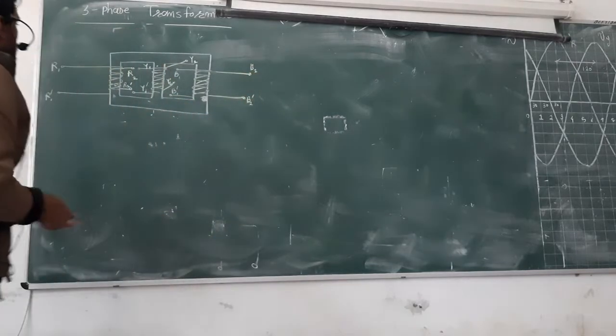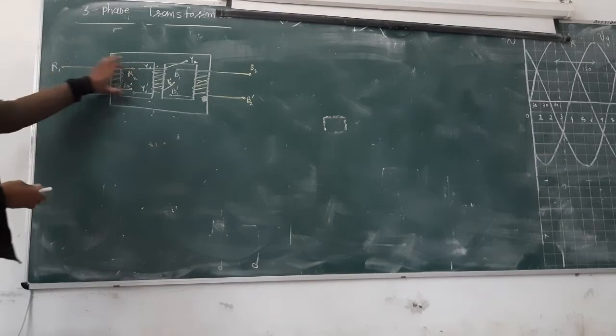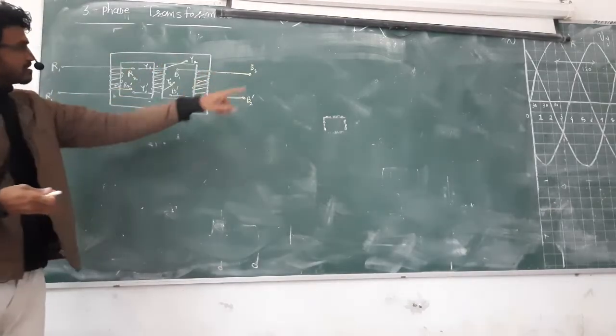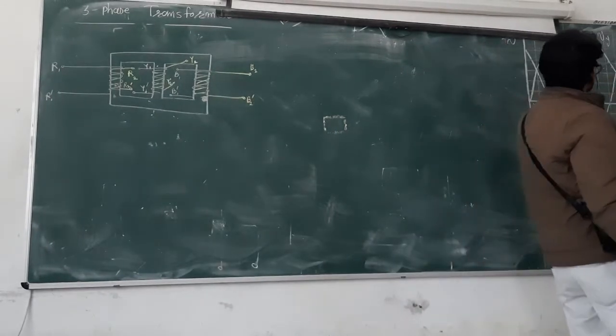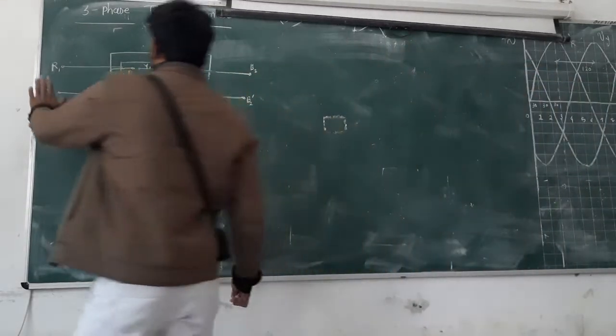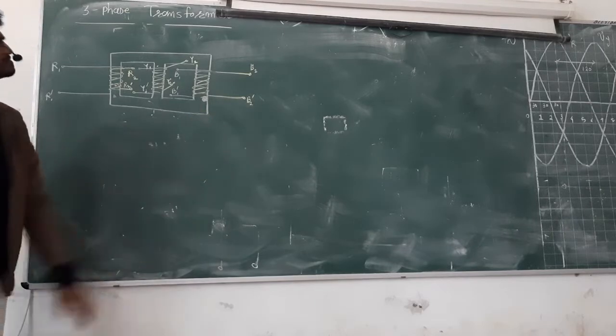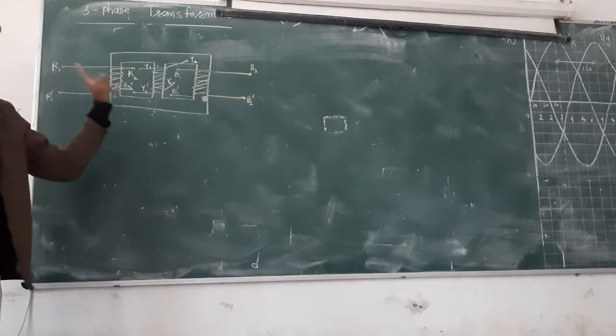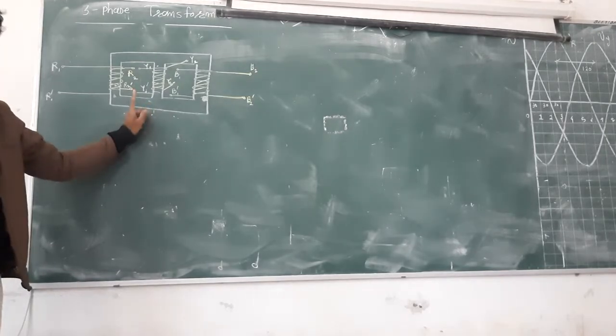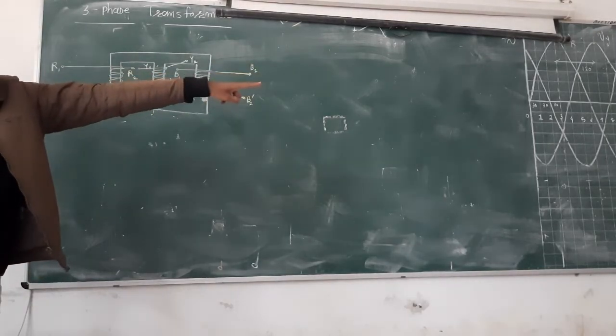Okay. And when you apply a 3-phase supply through the R coil, Y coil and B coil, then you will have current through these 3 coils, and because of that, it will generate flux in that area.